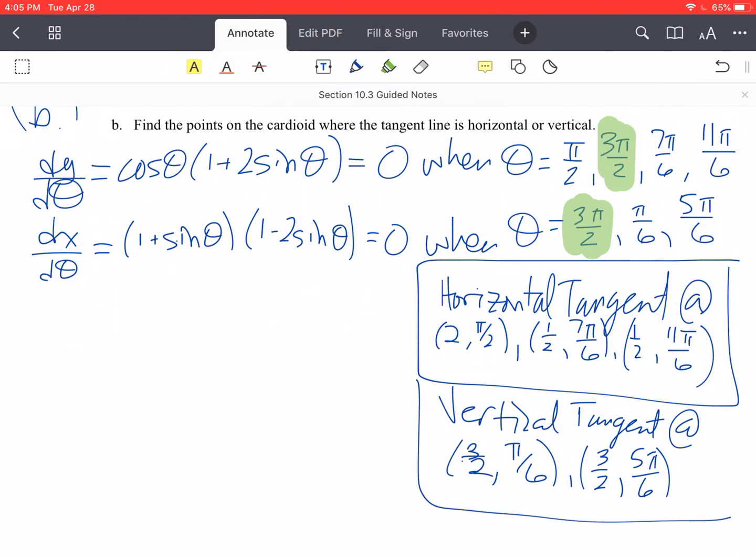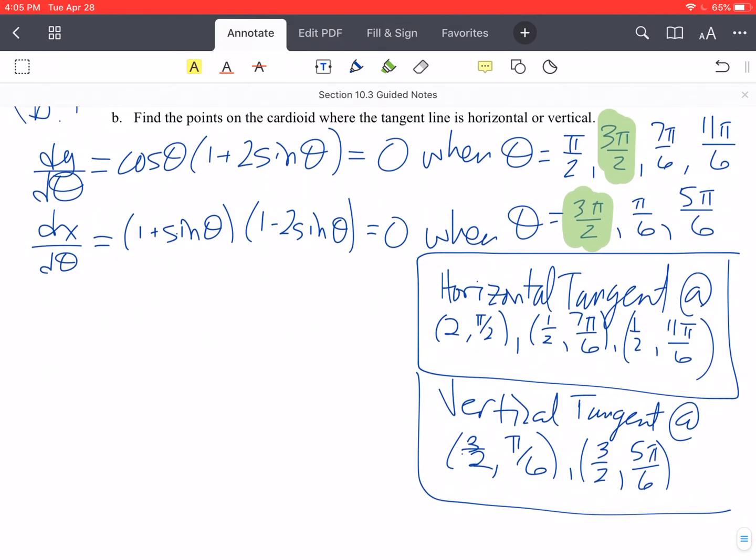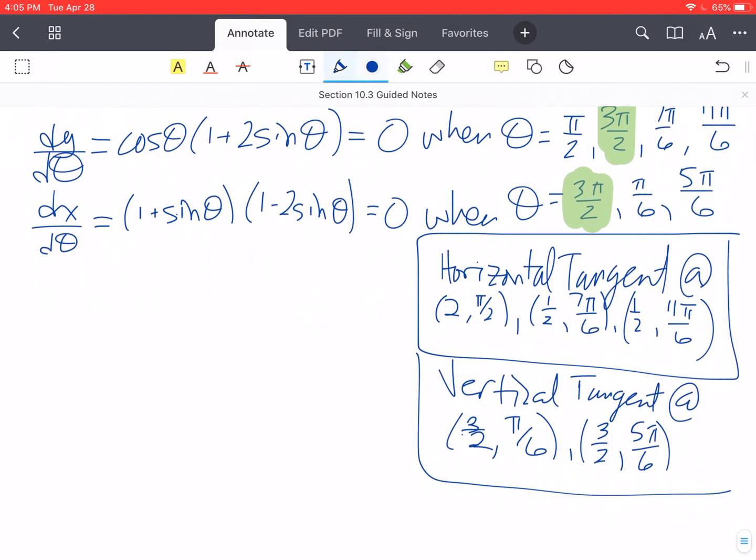Now, for the 3 pi over 2, if both of them are 0, this tells us that dy dx is 0 over 0. This particular type of fraction, this is what we call indeterminate. You might recognize this form from Calc 1 when we used a particular rule to help solve these, and that was L'Hopital's rule.